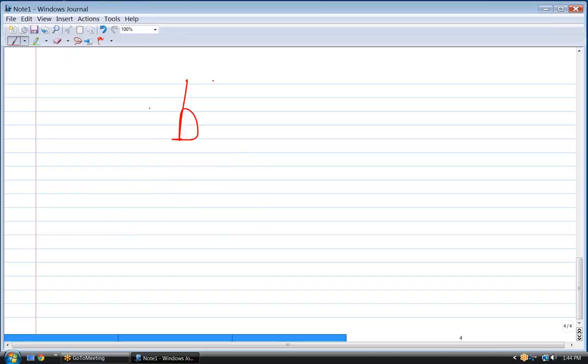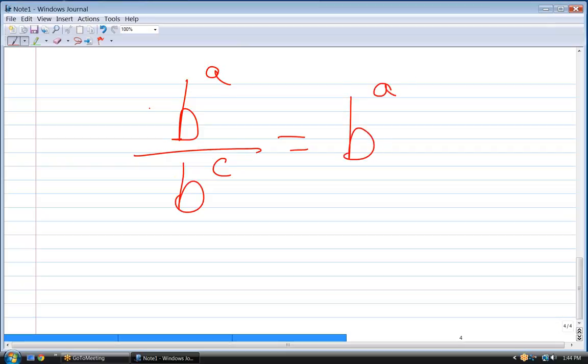Now, if I have b to the a divided by b to the c, then that's equal to b to the a minus c. For example, 5 cubed divided by 5 squared equals what?